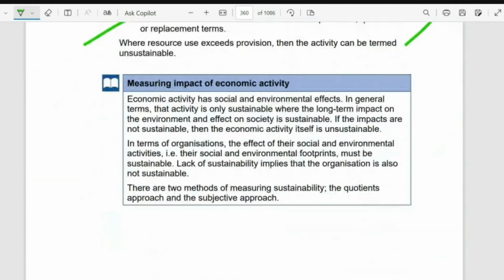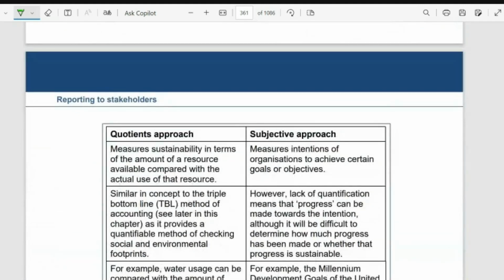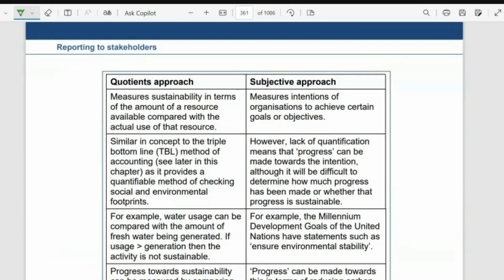This is the meaning of footprint. If you pass by some area, you leave your footprints. This is the meaning of footprint in business terms: whether your industries are environmentally friendly.